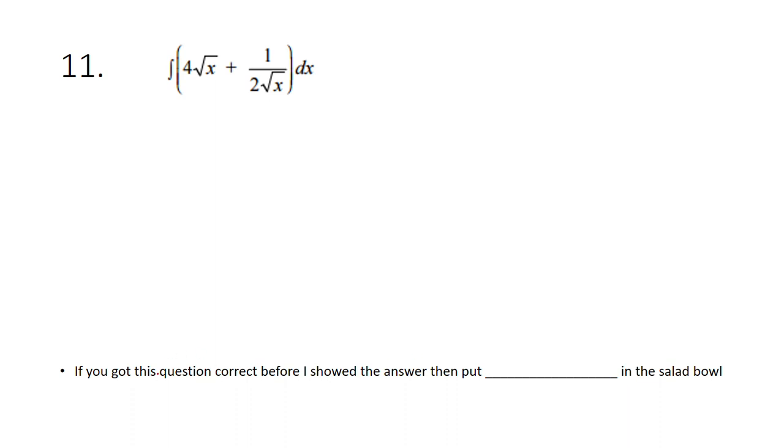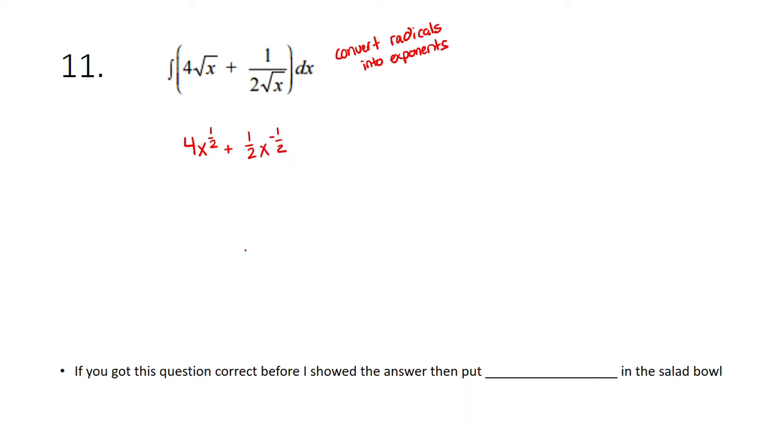Here's the next question. So the first thing I want to do is convert the radicals into exponents. So we have 4x to the 1/2 power plus 1/2 x to negative 1/2 power.